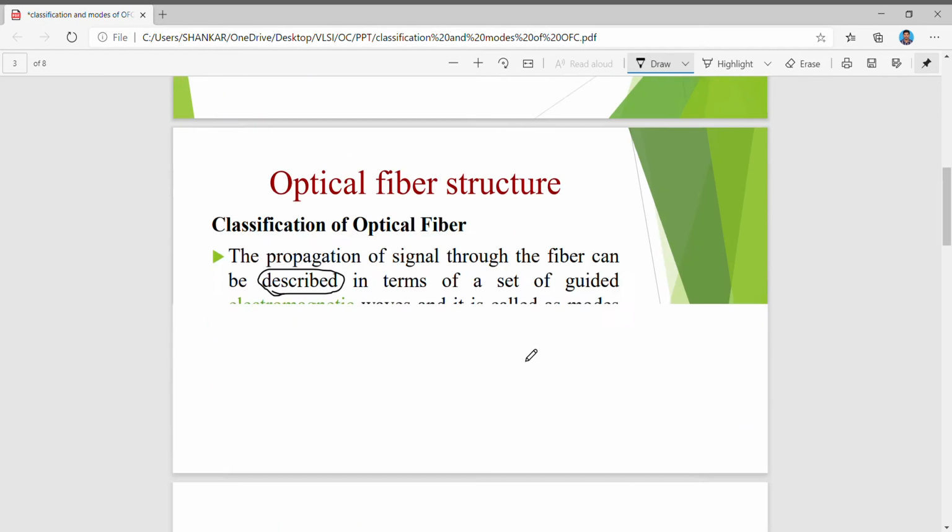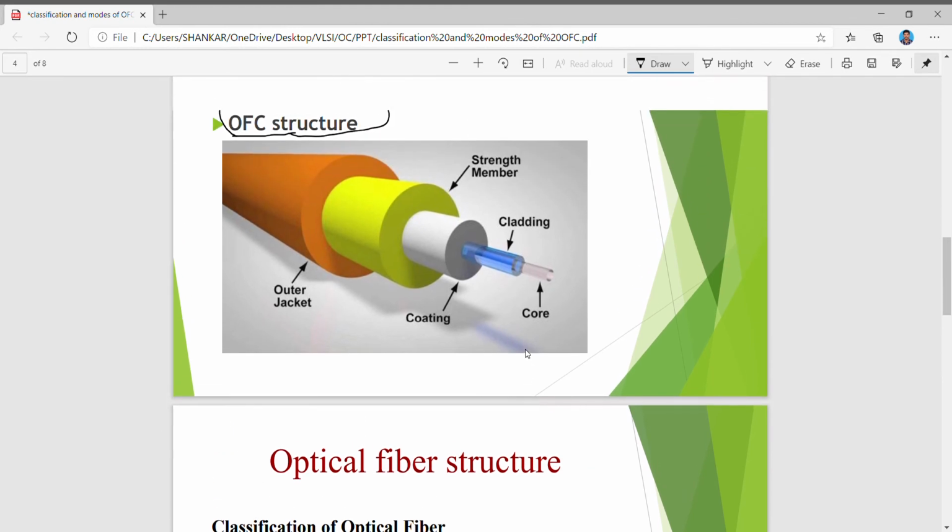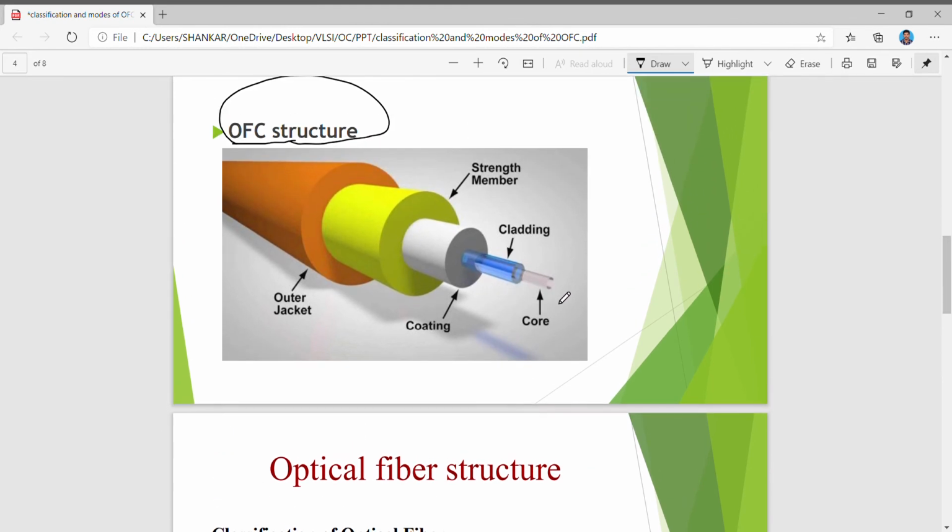This optical fiber cable is cylindrical, and inside is the core material, also in cylindrical form. The core is surrounded by a material called the cladding. This cladding is again coated with some material in order to protect the core and the cladding.